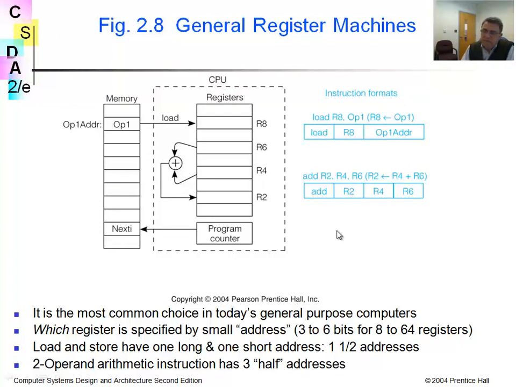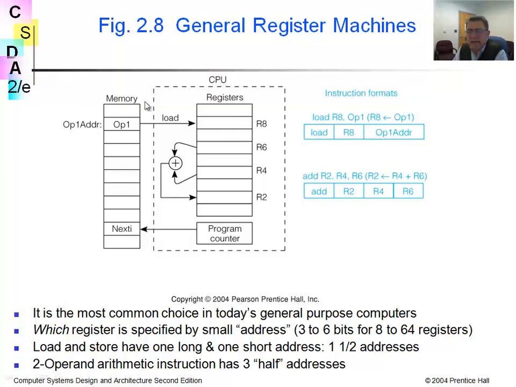Now, there's another form, it's called general register machines. These are the newest ones. In this model, you identify a number of registers, and then you identify a special purpose register called program counter, and also another register that is not shown here, which is called instruction register.